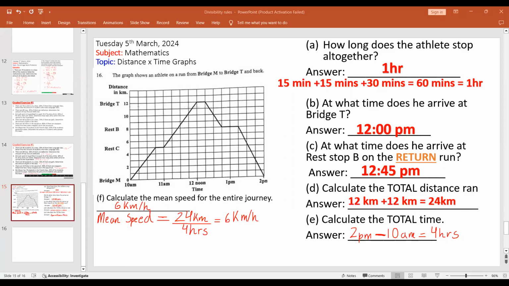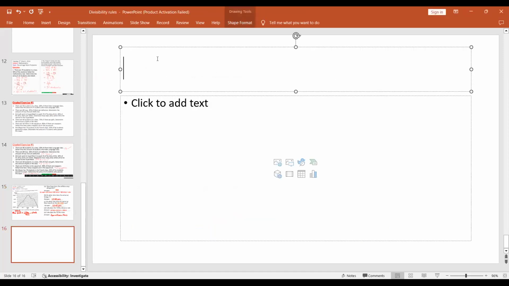All right. It's going to be the graded exercise. For the graded exercise, I need you to do exercise number 1.